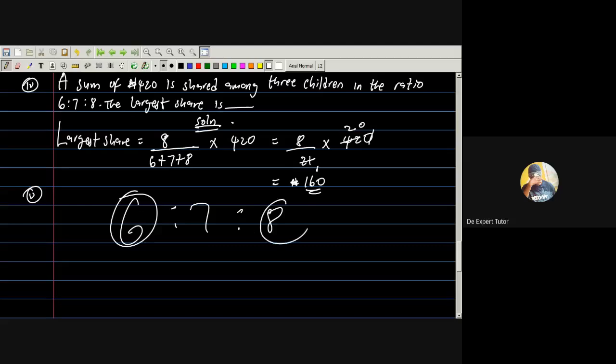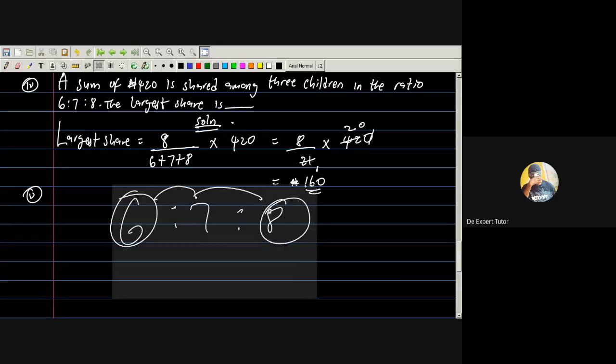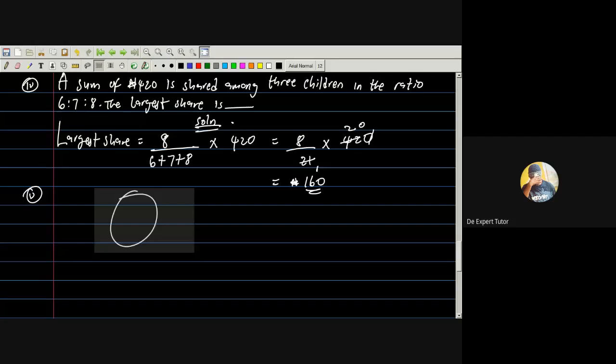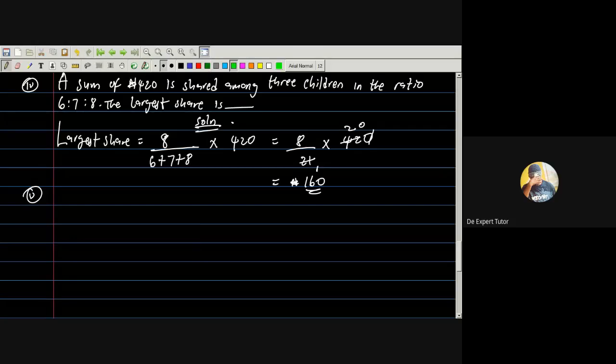The largest number is the person that collects the largest share. So this 7 will collect more than 6 and less than 8. It's just as simple as that. At the beginning of this class, I don't know whether some people were not here, I was explaining how you can use ratio to share, but there's no problem. I can also explain from this question. To get anyone's share in this ratio, this is what we just do.